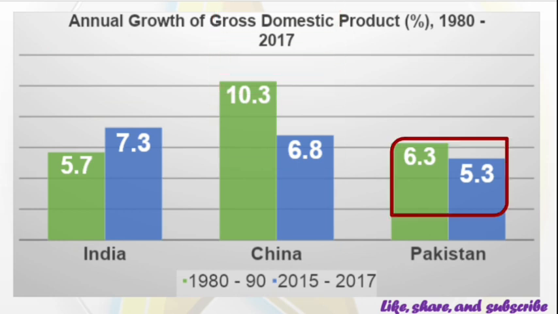Pakistan's growth of gross domestic product during 1980 and 1990 was 6.3, and it was 5.3 during 2015 and 17. Scholars have pointed out that the reform measures and political instability has led to Pakistan's annual growth of gross domestic product to decrease.